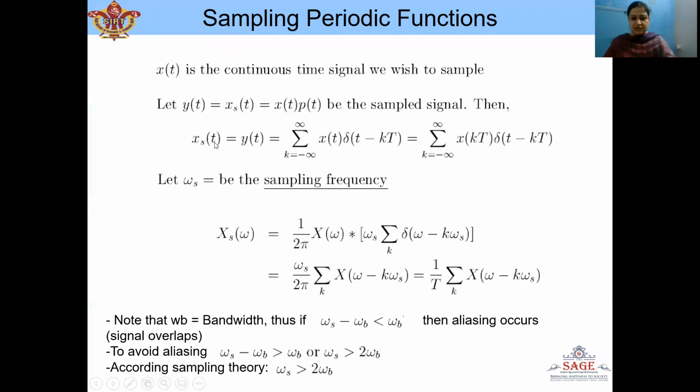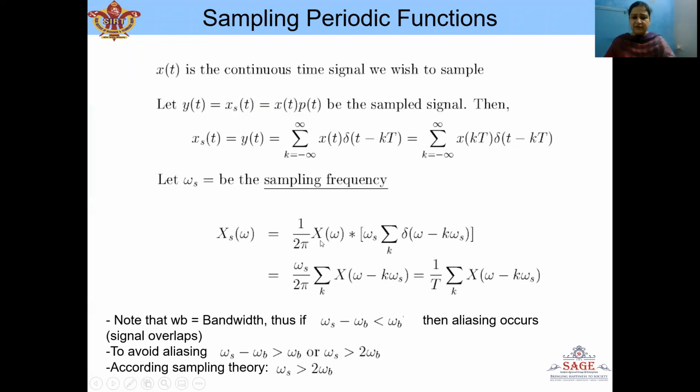Now we want to change this time domain sampled signal into its frequency domain. Say omega s is the sampling frequency, then according to the convolution property, Xs(omega) is given by 1 upon 2 pi X(omega) in convolution with the transform of delta(t minus kT). And this delta(t minus kT) is represented by its frequency domain representation omega s summation delta(omega minus k omega s).